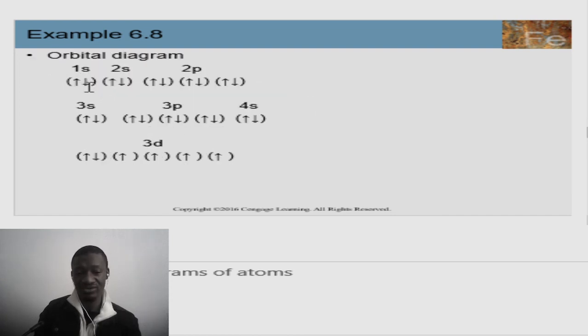In this case, you have 1s2, 2 electrons, 2s2, 2 electrons, 2p6, you have 1, 2, 3, 4, 5, 6, and then 3s2, the 2 electrons, 3p6, you have 1, 2, 3, 4, 5, 6, and then the 4s, remember we said you don't do 3d first, you do 4s, is 1 and 2, and then the 3d is 6. So you have 1, 2, 3, 4, 5, and then the sixth one will come back to pair with the first.